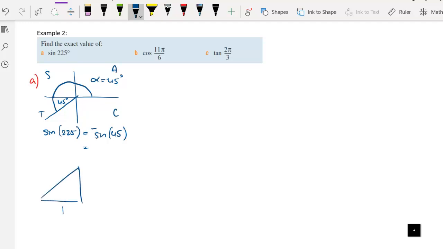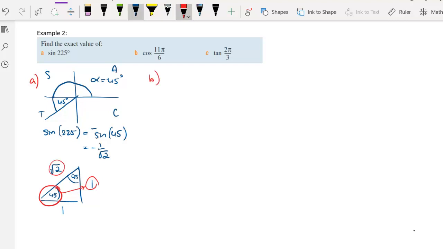So we've got our 1, square root of 2, 45, 45. And all we're doing is we're looking at sine 45, so let's choose an angle of 45. Sine is opposite over hypotenuse, so therefore it will be -1 on square root of 2. There it is. Sine 225 is -1 on square root of 2. There's our exact value answer.